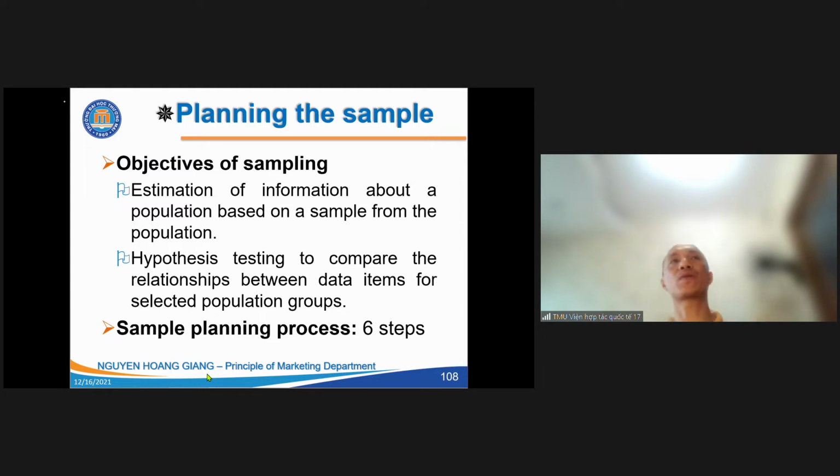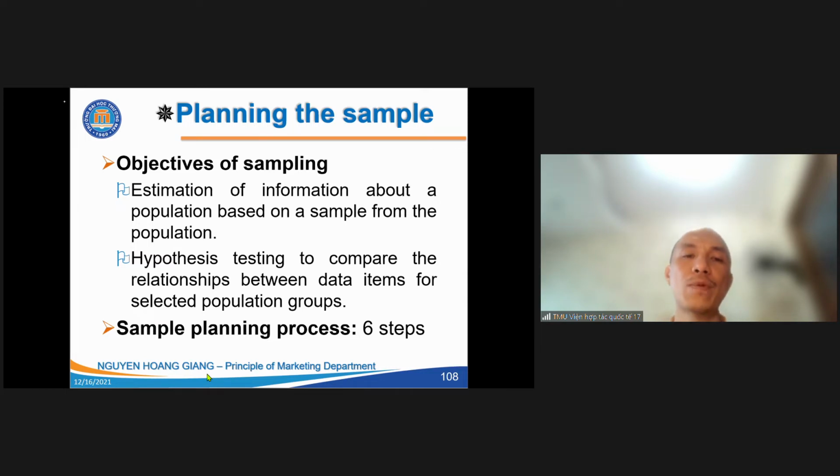Some very special research we have to do with the populations, with all the things we have to research. But normally in the populations, we choose some of them to be the sample, and then try to research and hope that the results of the sample are similar to the populations.